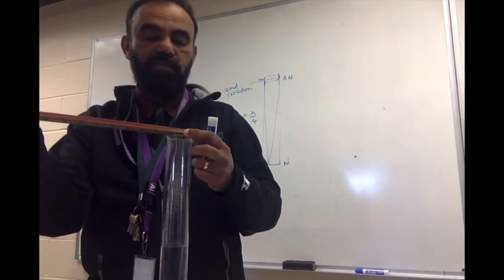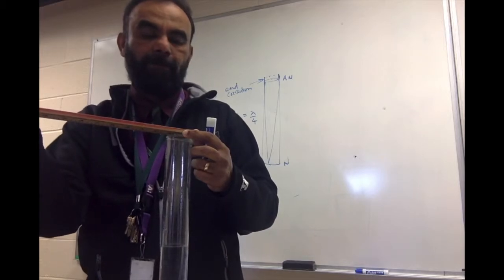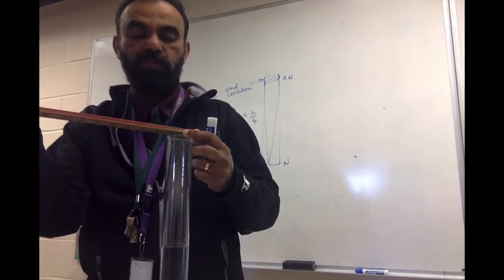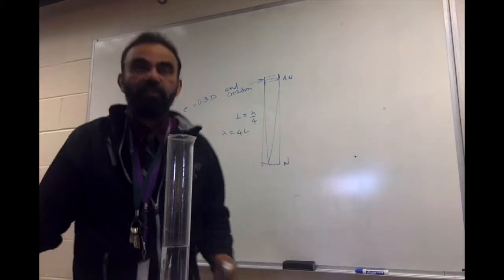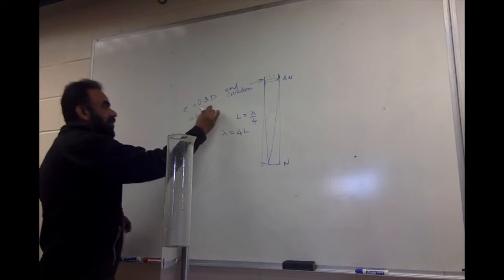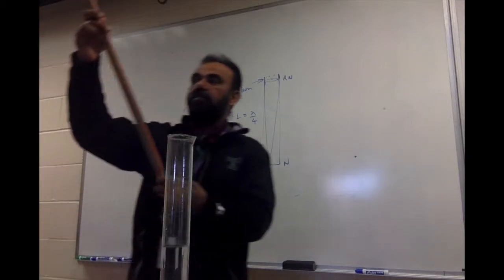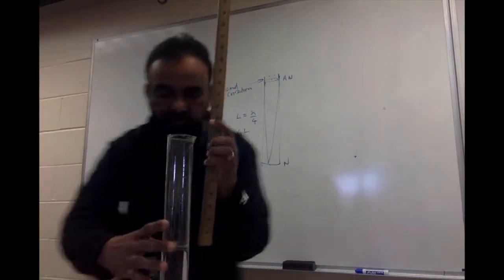So the diameter comes out 4.6. 4.6 is the diameter. So tell me the end correction. 1.38. 1.38 centimeters is the end correction. Now I'll tell you what exactly is the resonance length.